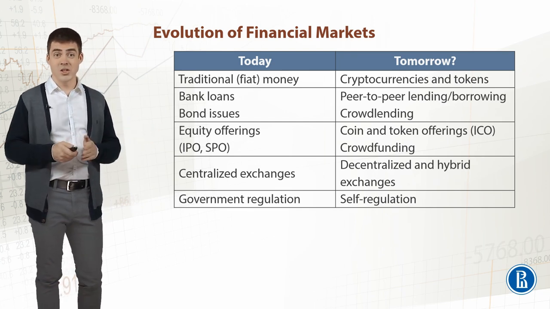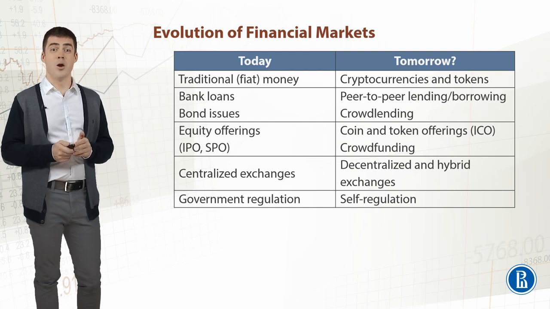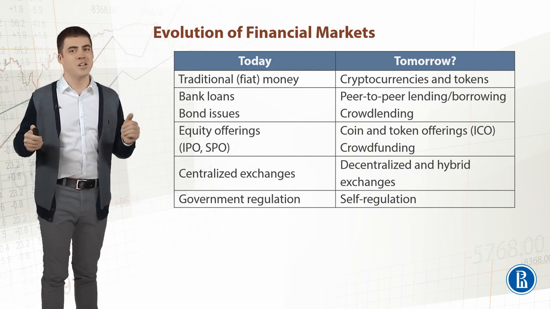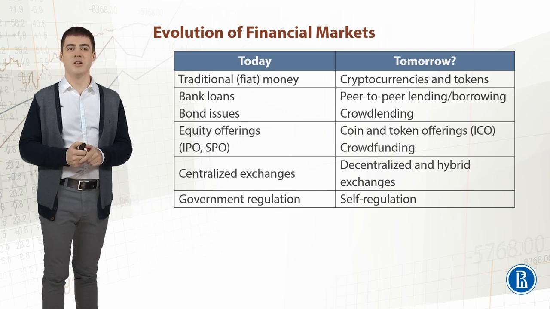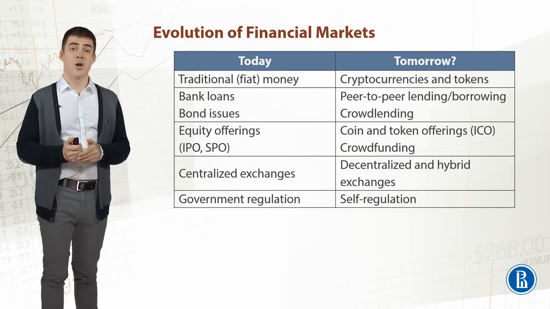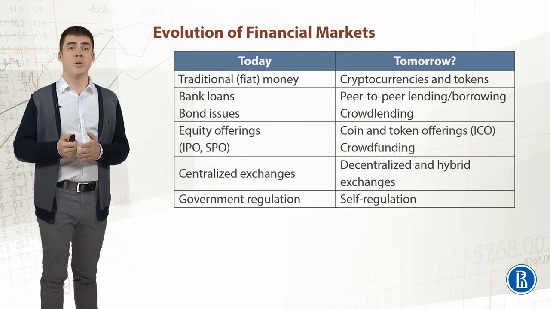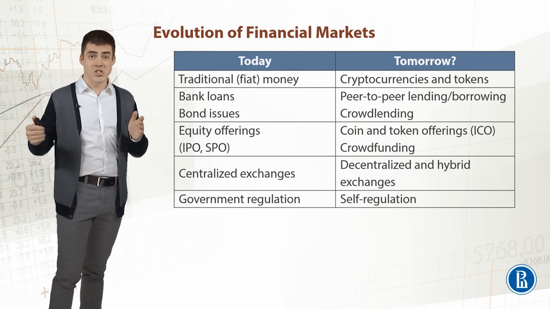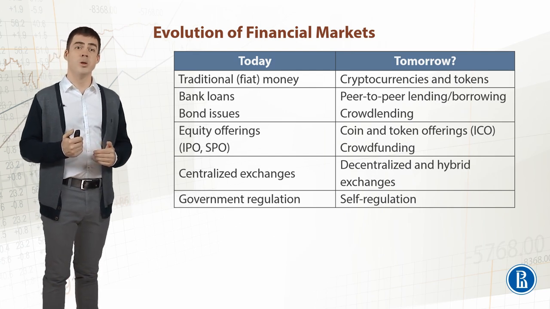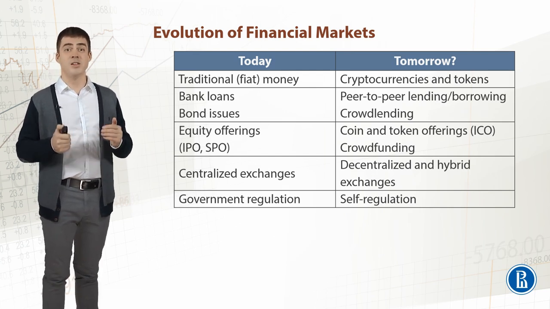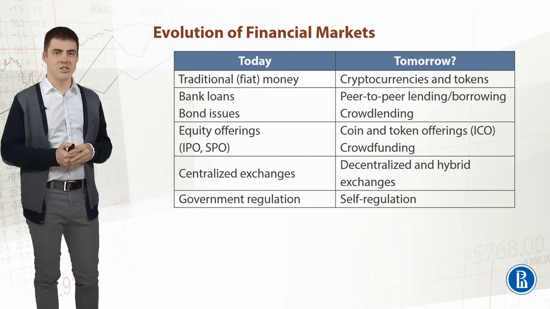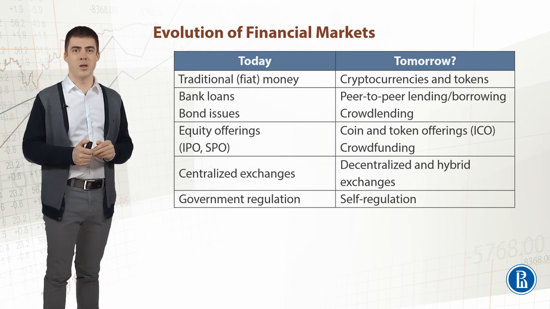Another question is whether companies will find ICOs and crowdfunding a sound alternative to traditional initial public offerings. Again, there is the question of how the exchanges will be organized. Will investors stick to traditional exchanges, or will they also become blockchain-based and decentralized? And last but not least is how the market regulation will look.